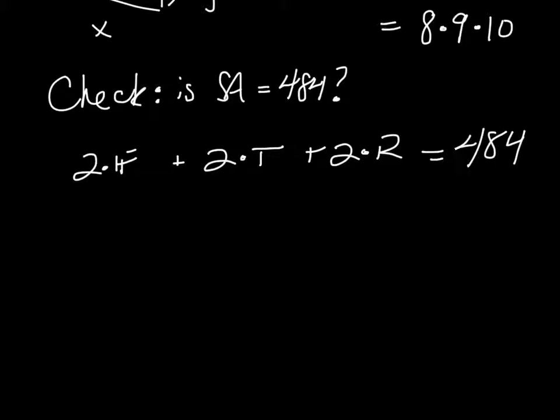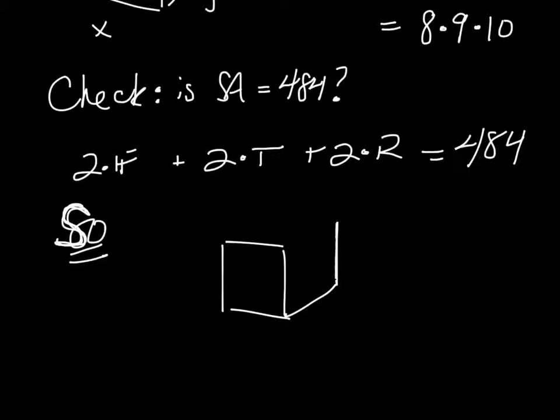So we know now, let me just erase some of this stuff here, we know that the farthest distance is going to be between these opposite corners. Let's say this is 10, this is 9, and this is 8.